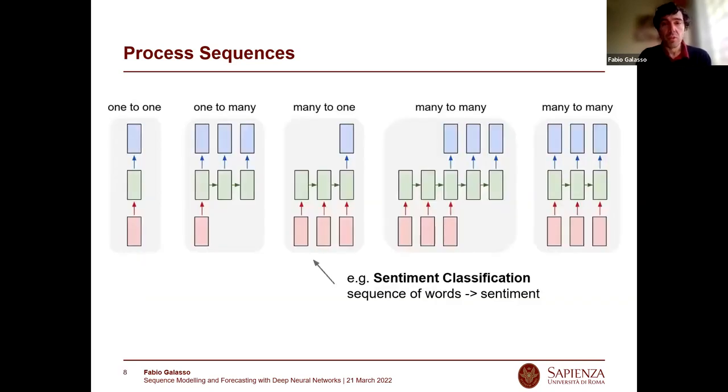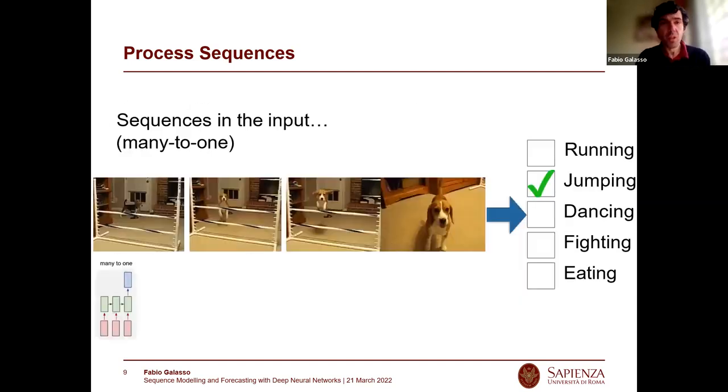Or sentiment classification: you have a list of words and you want to tell whether it was positive or negative, something that banks can use to understand whether they should invest in a share or not, based on Twitter.